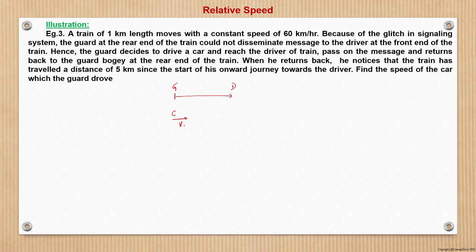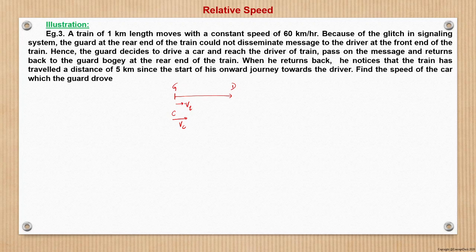That we do not know. That would be Vc, whereas the train moves at a speed of Vt, velocity of train. So what has to be done? The guard has to reach from point G to point D, and then come back to G.